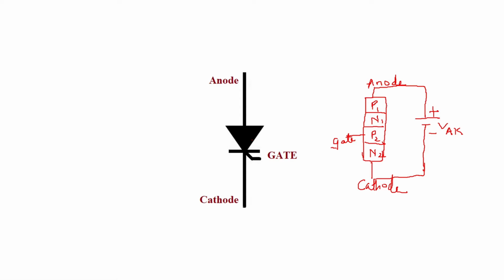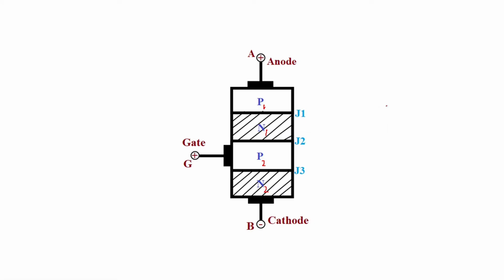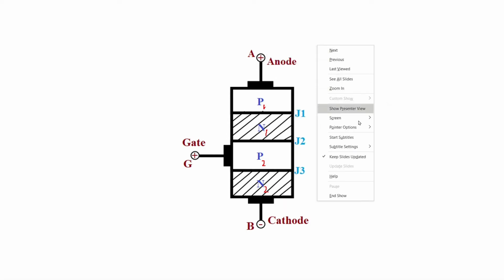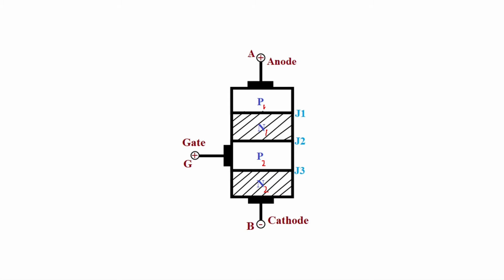as forward biasing. Next, if you see this structure over here, P1, N1, P2, N2 we have shown. Now if you want to forward bias, then this anode should be connected to the positive of a battery, and the cathode should be connected to the negative of a battery.